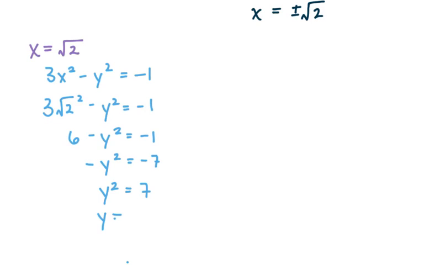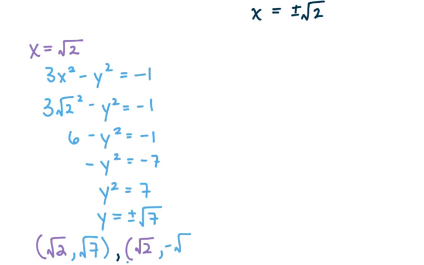I have y equals plus or minus the square root of 7. So for this singular x value, I get 2 output y values. That gives me 2 ordered pairs. I have positive root 2, positive root 7, as well as positive root 2, comma, negative root 7.